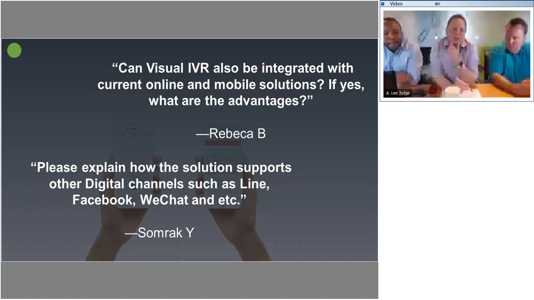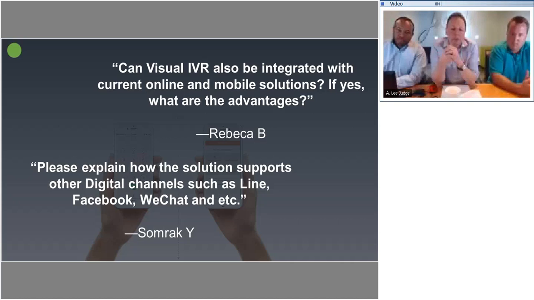Right. Actually, that does tie in pretty well to the previous question. There's two aspects of this, right? One is the point at which Visual IVR is invoked by a consumer, and that can be, as we've seen on the voice channel, where the IVR offers you a Visual IVR session. It can also be on your website. So in terms of online solutions, you can replace the phone number with a contact us button.